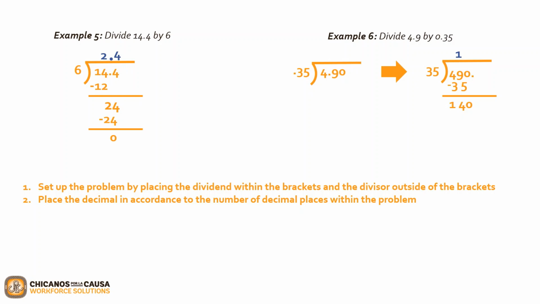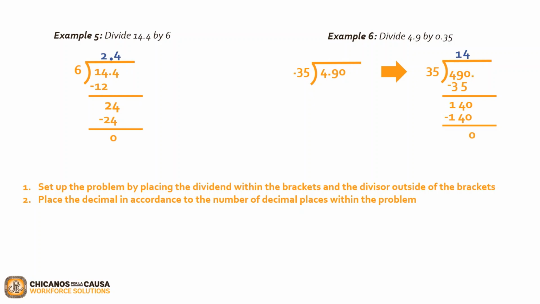Now, we're still going to bring down that 0, even though it doesn't technically have a value, but we're going to bring it down. So 35 gets divided into 140 4 times, equally, which is nice. So now we are going to do 35 times 4, giving us 140. So we're going to subtract those until we have a remainder of 0.